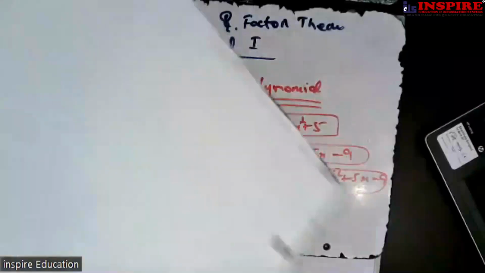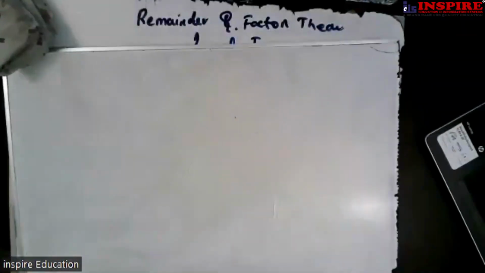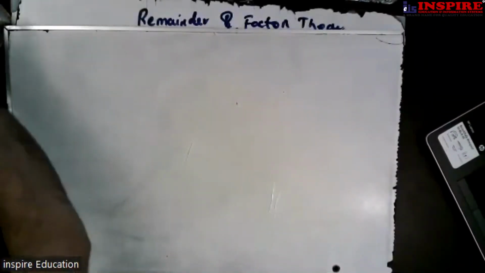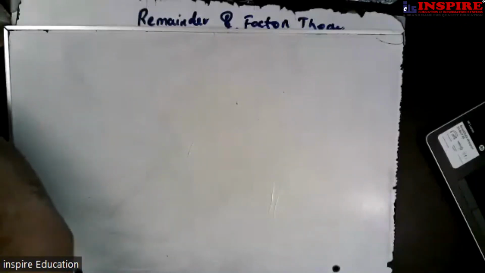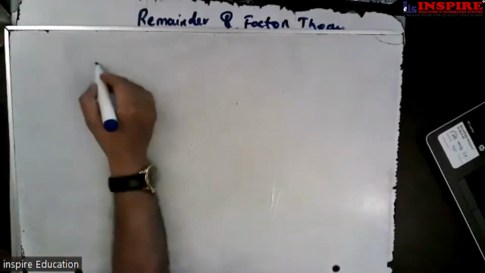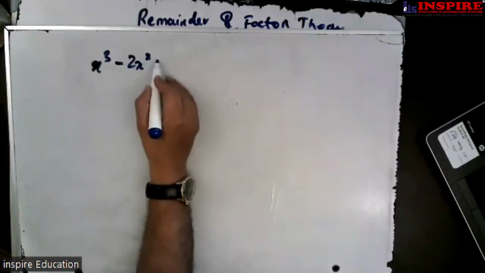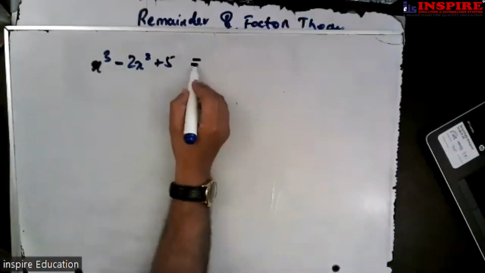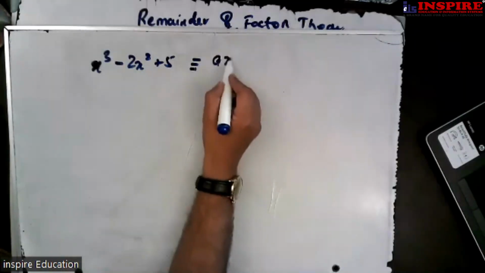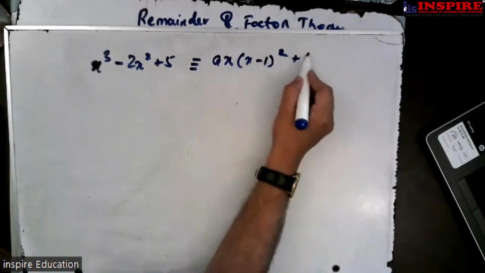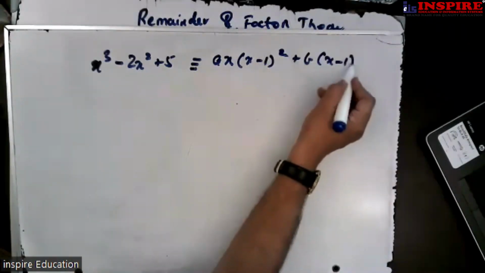That was level 1. We're on level 1 again. And now we're going to do questions that will make you grow up slightly. अगर मैंने लिखा आपको x cubed minus 2x squared plus 5 is identical to a times x into x minus 1 whole thing squared plus b times x minus 1 plus c.